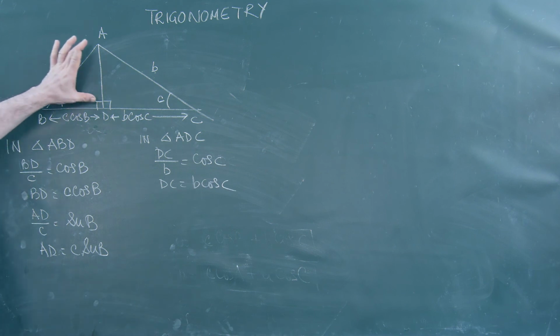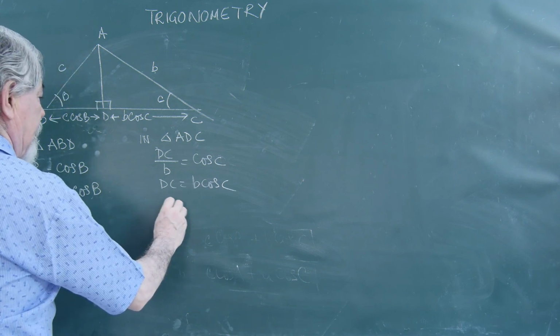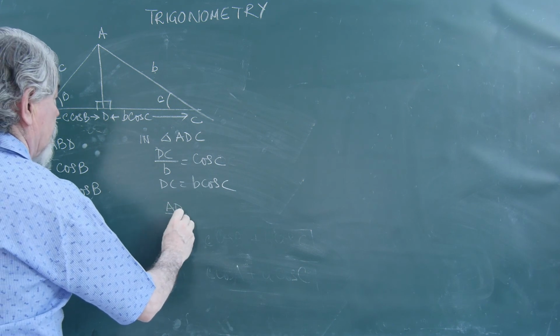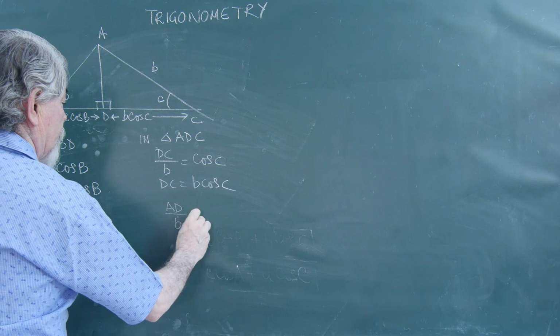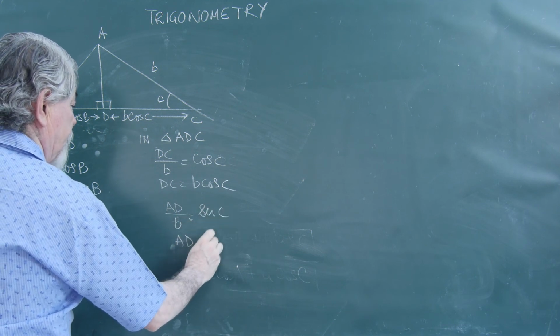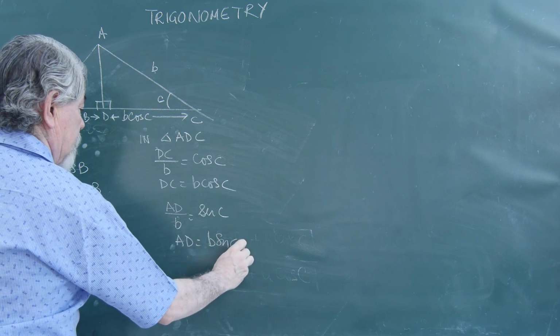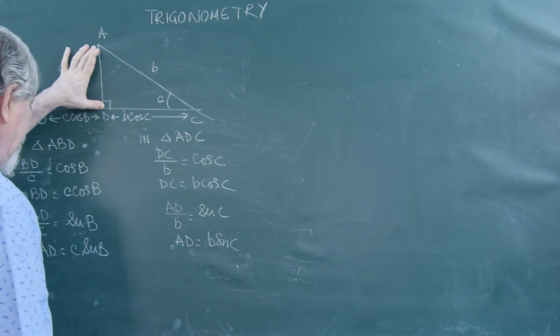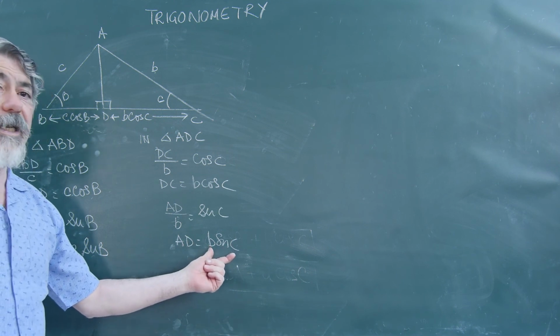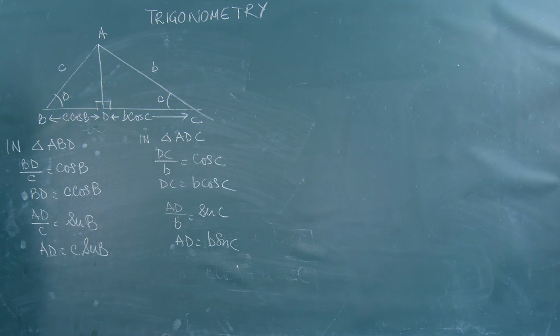Now let us talk of AD. AD upon B, perpendicular upon hypotenuse, is equal to sine C, or AD will be B sine C. So AD has been expressed as C sine B and also as B sine C. Either of them can be taken.